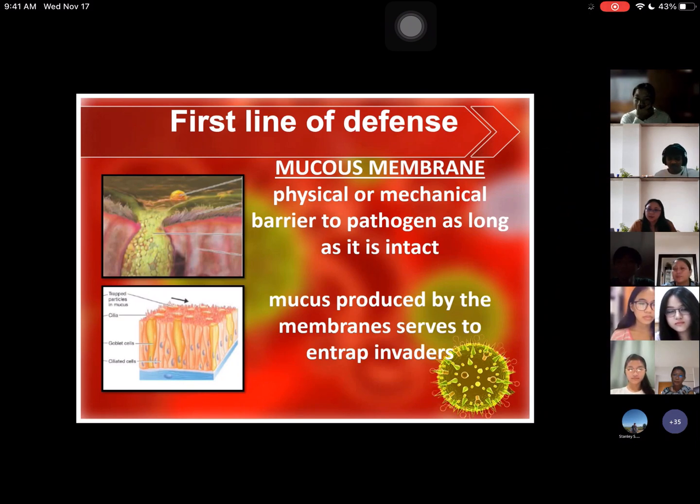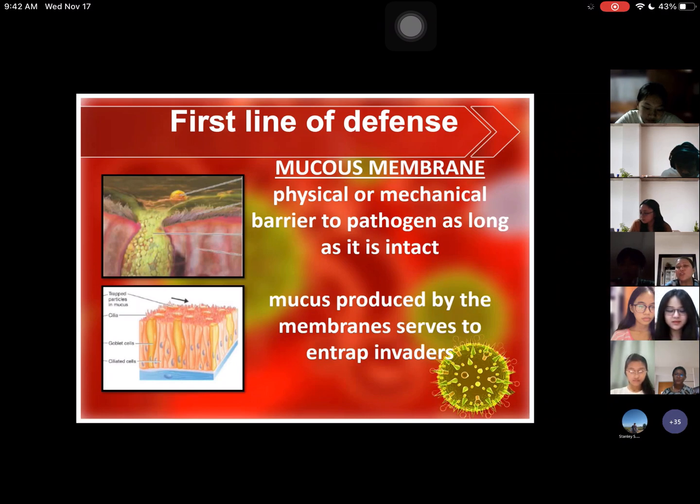Okay, so we are now on our second example of the first line of defense, which is the mucous membrane. The mucous membrane is our physical or mechanical barrier to pathogens as long as it is intact. Our mucous membrane is usually located in our internal organs, covering them.